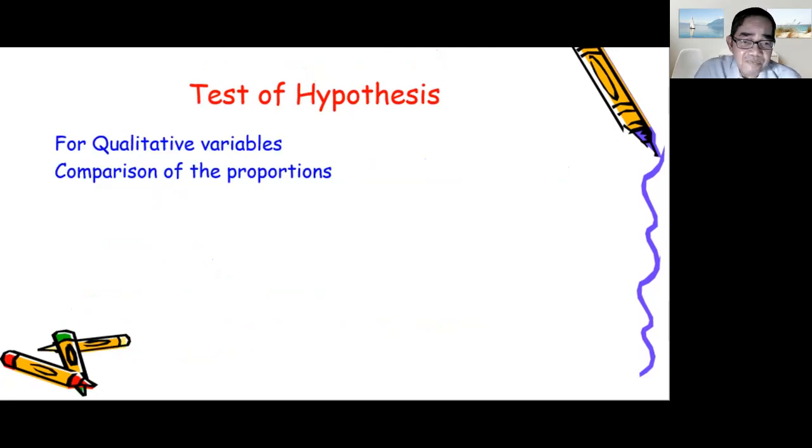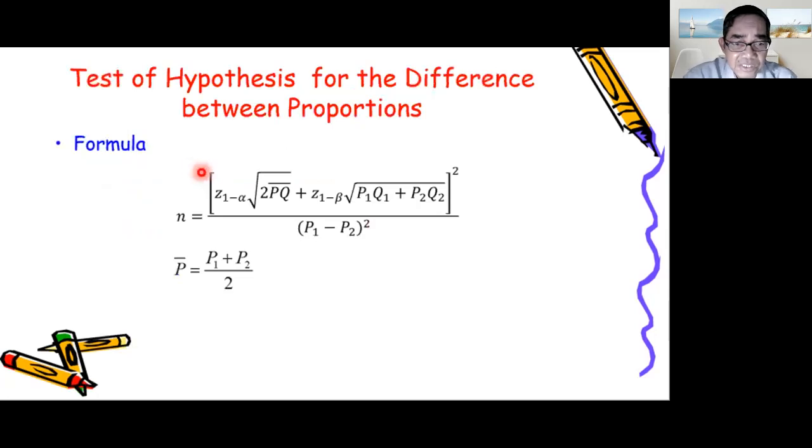And then lastly, test of hypothesis for qualitative variables. So we compare proportions, because we are talking now of qualitative variables. And this again is the formula. We have the same alpha error and the same power of the test. And then P is the population proportion for the first proportion and the second proportion, and then we normally get the P bar.